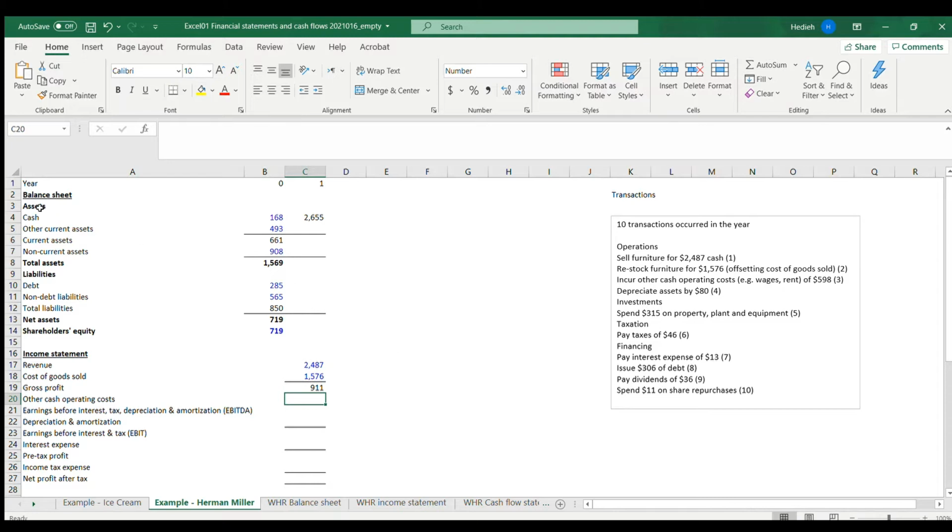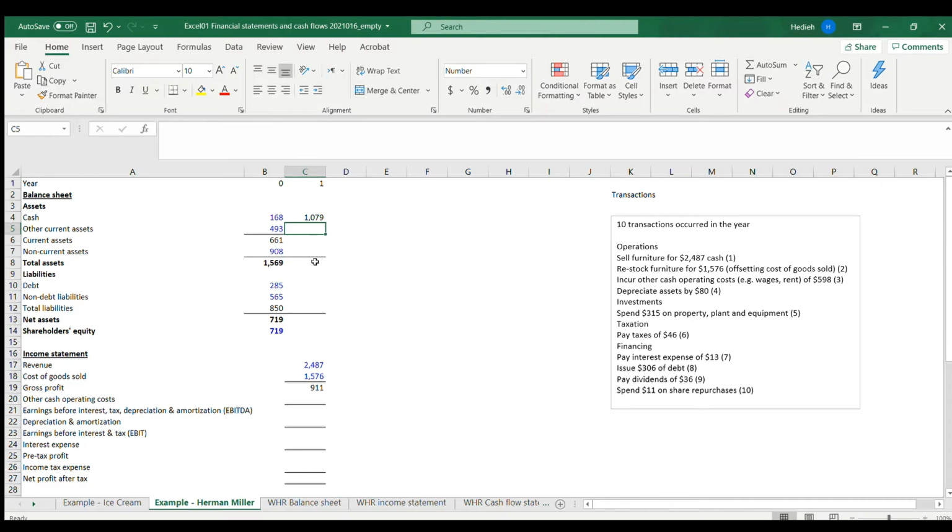Now, let's go to the balance sheet. When we pay for restocking furniture, this is a cash outflow from the company. So for the cash holding in the balance sheet, we should subtract this amount, $1,576.